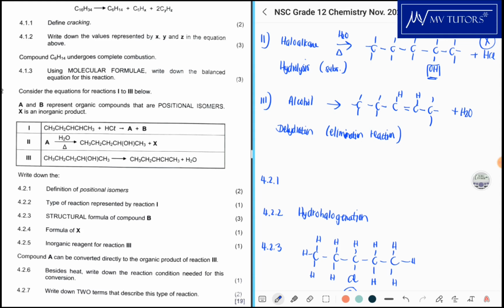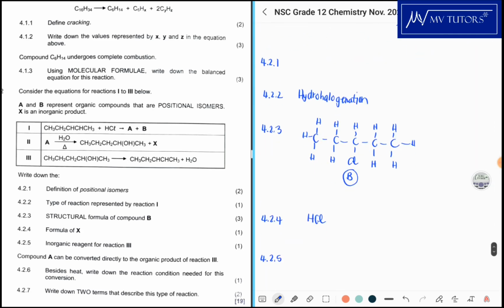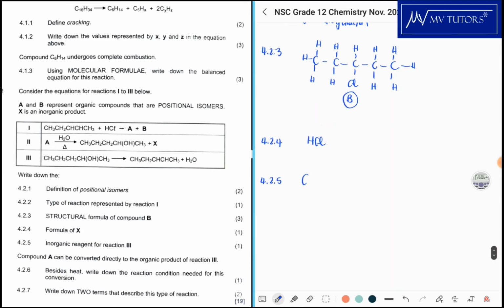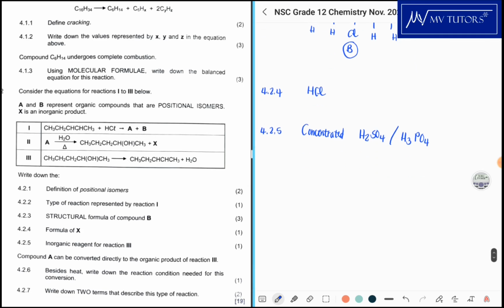There's no halogen there. What are they asking again? The inorganic reagent for reaction 3. So this is concentrated sulfuric acid, or you could have said H3PO4. I always forget the name.